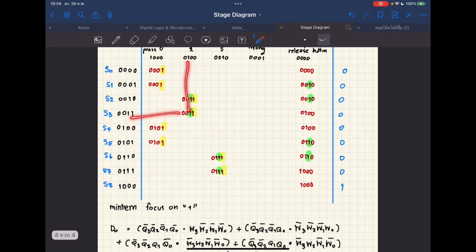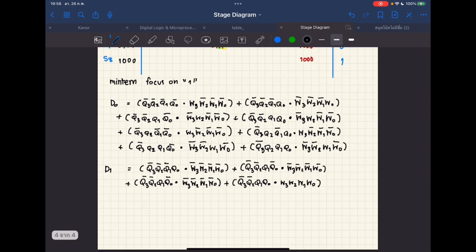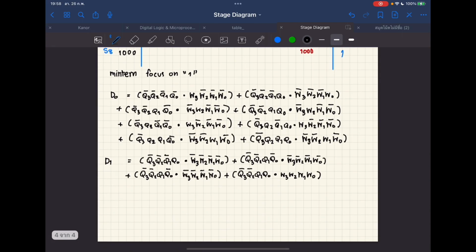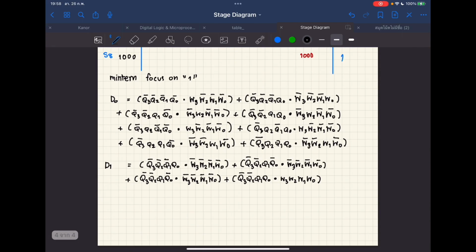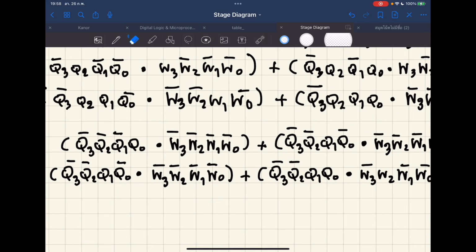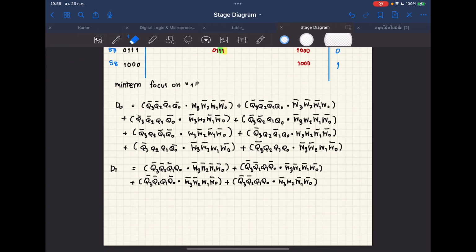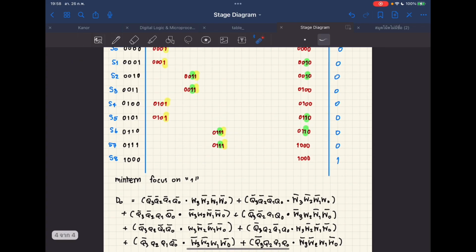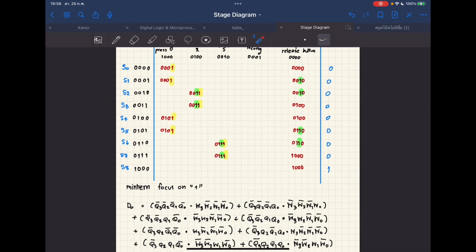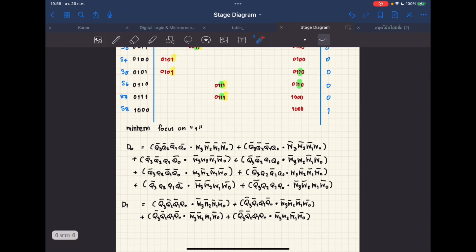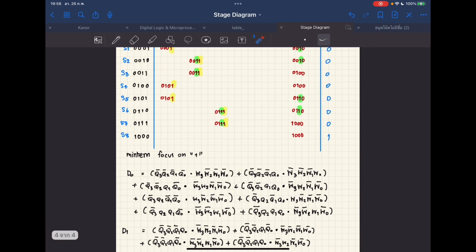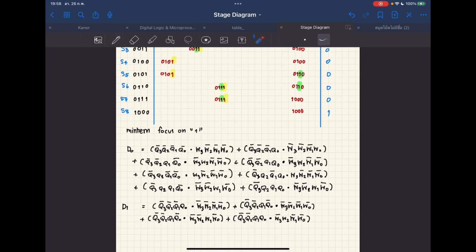Stage 3 and we press 2. This one is wrong, so this one is stage 2. It should be press 2. Yes. Okay.